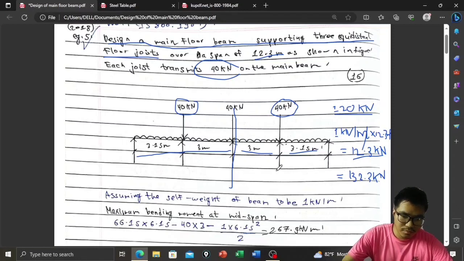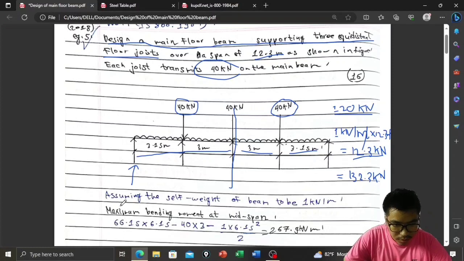So the reaction will be 132.3 divided by 2. These loads are in downward direction, so the reaction will develop in upward direction, as per Newton's third law of motion.